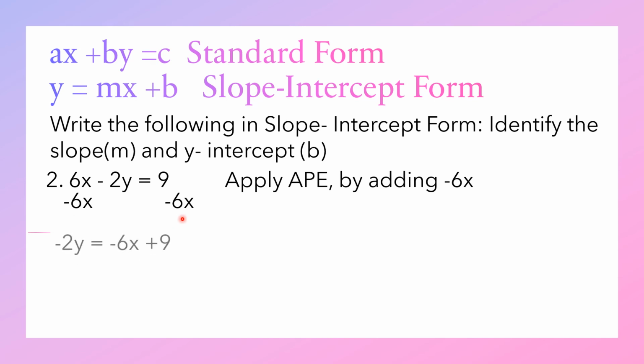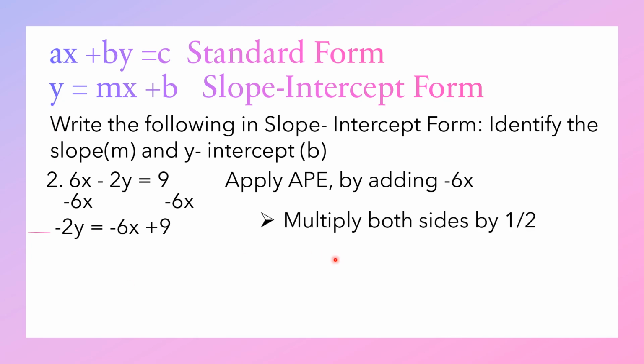So what I have now is negative 2y is equal to negative 6x plus 9. Now, negative dito ang sign ng 2 dapat, kasi dito positive y lang. Y ang matitira. So ngayon, ang gagawin ko, magmumultiply ako both sides of the equation by negative 1/2.